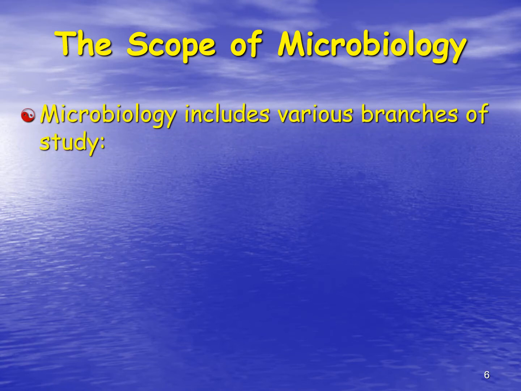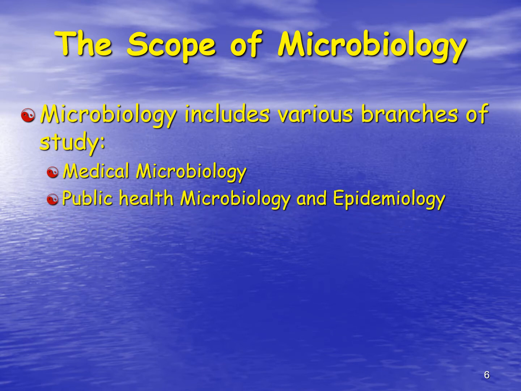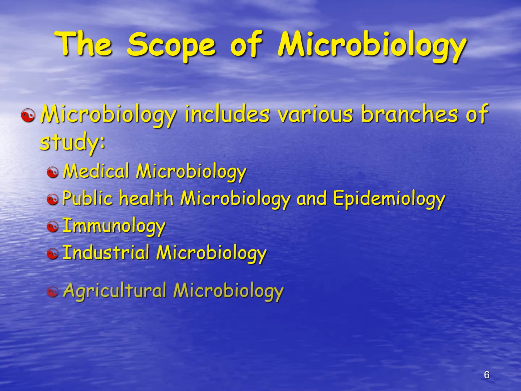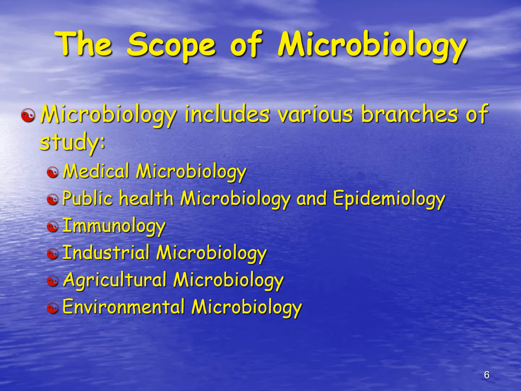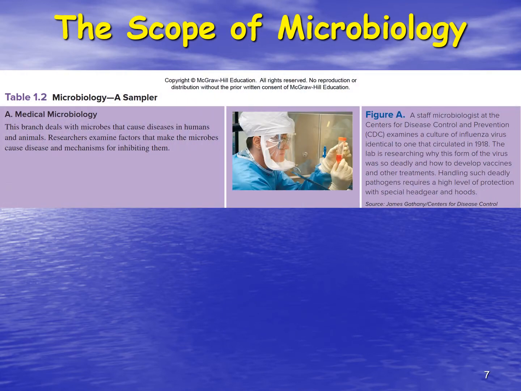Microbiology includes various branches of study: medical microbiology, public health microbiology and epidemiology, immunology, industrial microbiology, and agricultural microbiology, along with environmental microbes. This table in your text actually goes through some of the different areas, such as with medical microbiology.